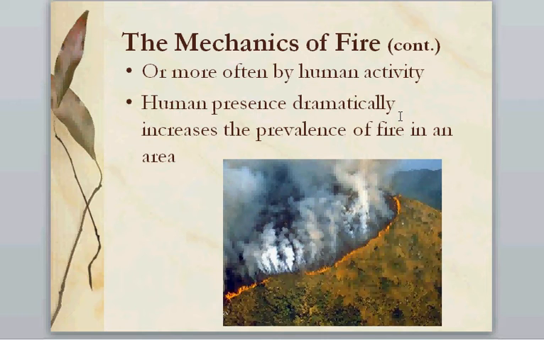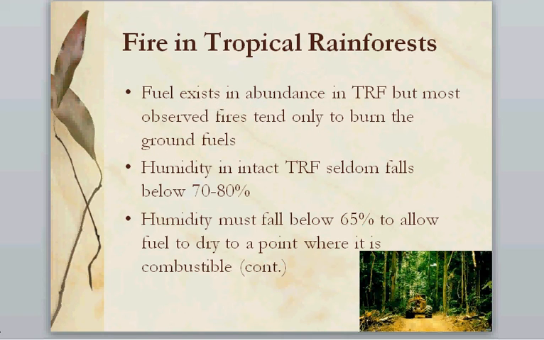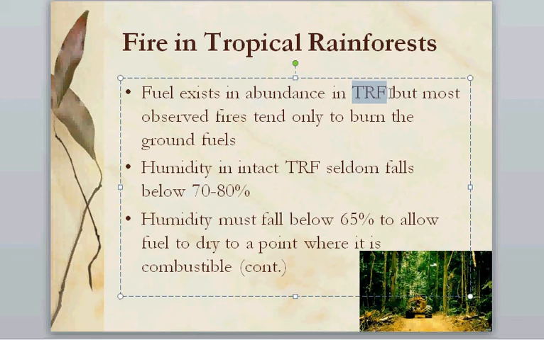Let's go to fire in tropical rainforests now. Right, there's a lot of fuel to burn in a tropical rainforest. TRF means tropical rainforest. But most observed fires tend to only burn on the ground in tropical rainforests. Okay?